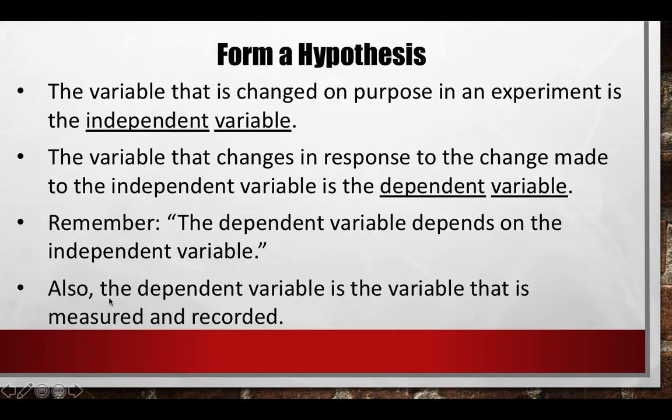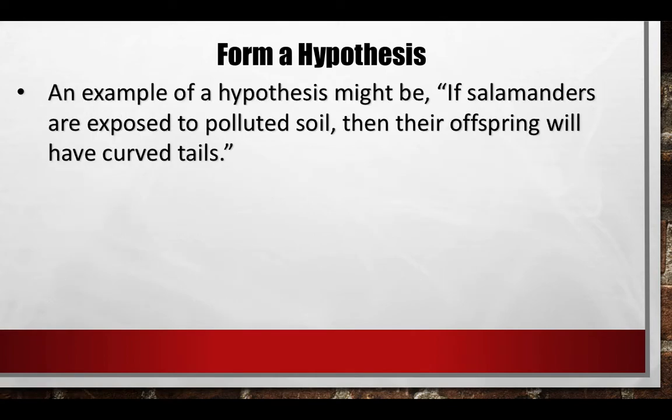Okay? Another way of thinking about it as well is that the dependent variable is the variable that is measured and recorded. Whenever you take data, that data that you're writing down comes from the dependent variable. So, let's look at an example.